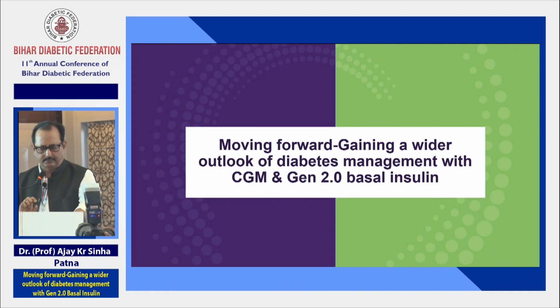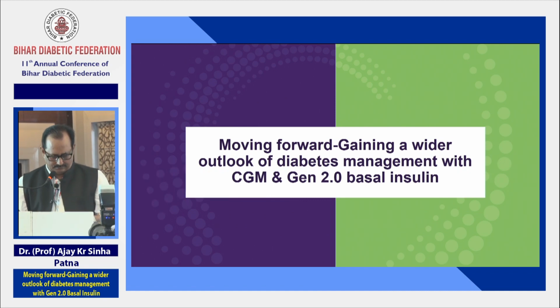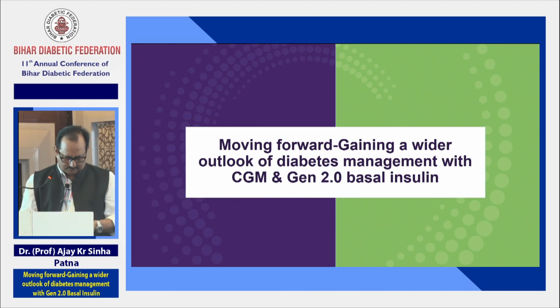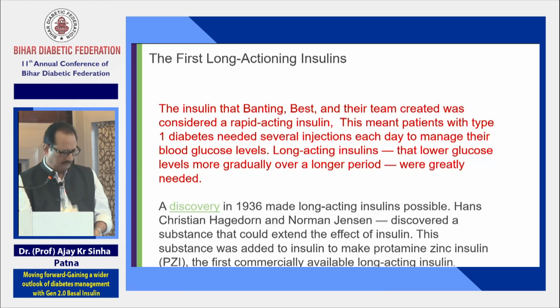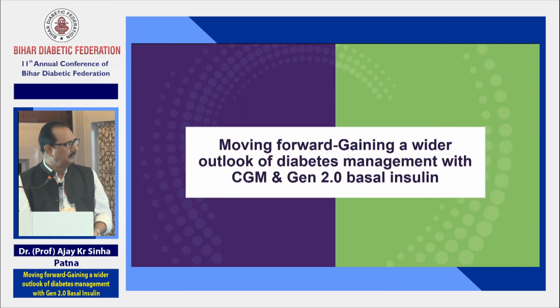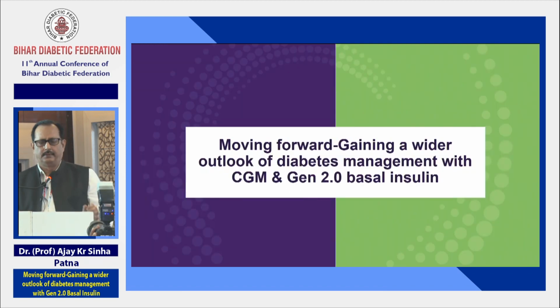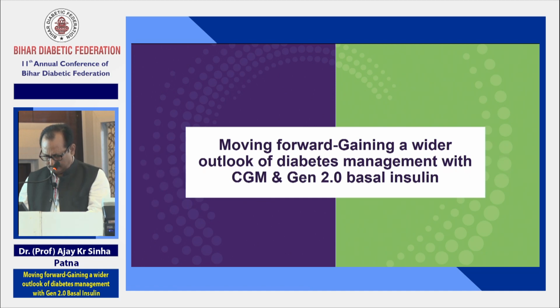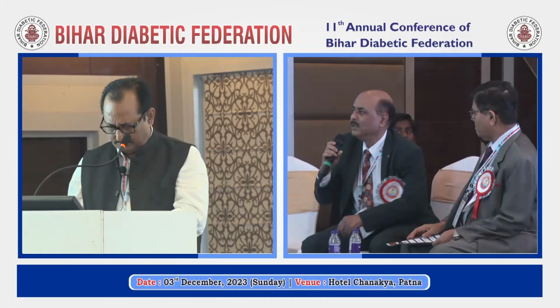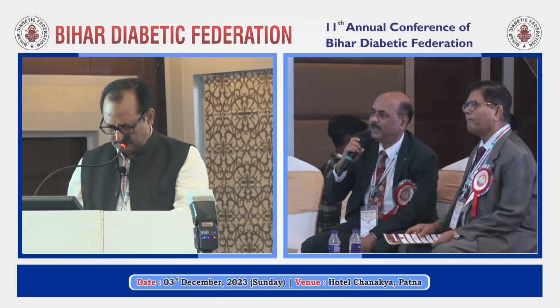So, without wasting time, I'll just say that generation 2 basal insulin has a longer duration of action as compared to generation 1 insulin. So it has a very smooth PK/PD profile.